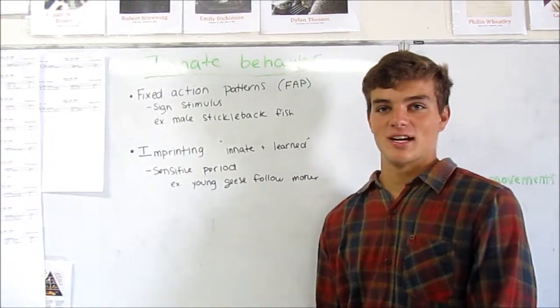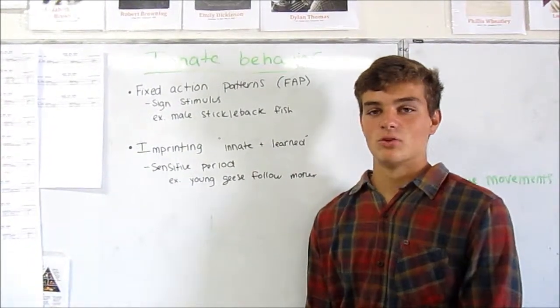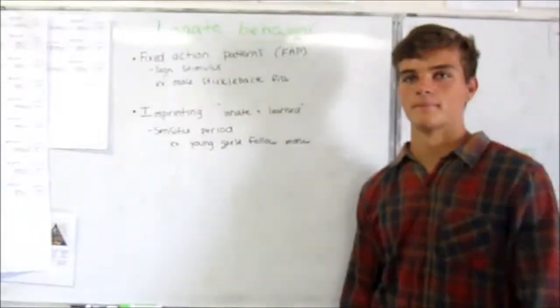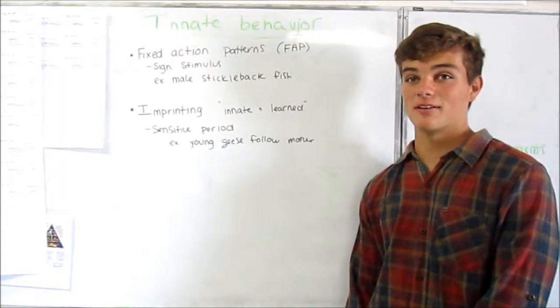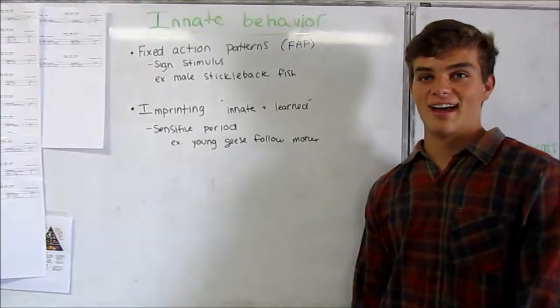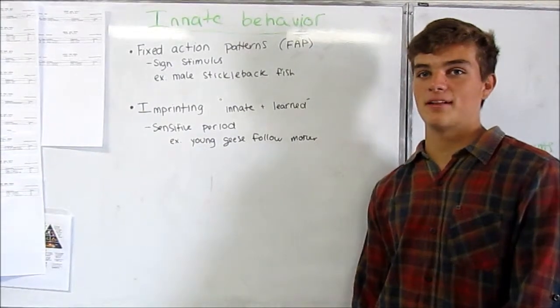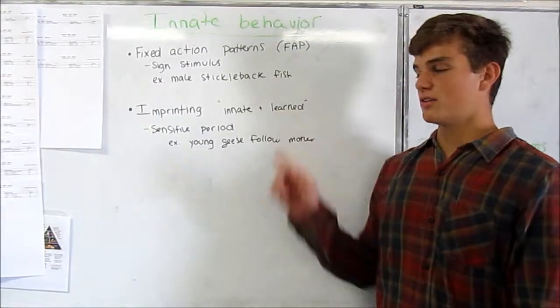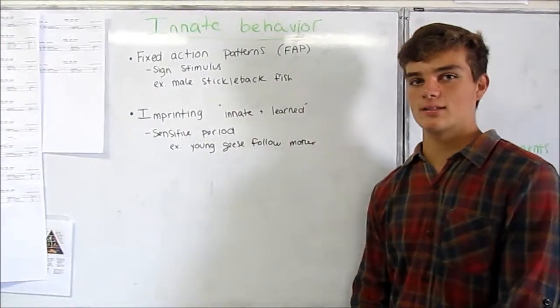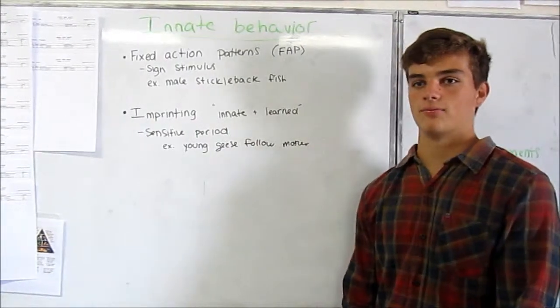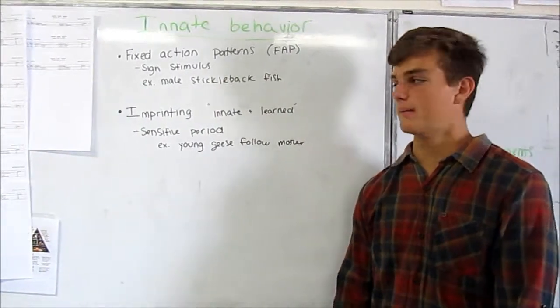Once it starts, it is carried out to completion. It's normally triggered by a sign stimulus. An example is when a male stickleback fish sees any fish with a red belly, it then attacks it. So, when you take out an actual fish, they put inanimate objects into the tank, and the fish will attack it because it is red.